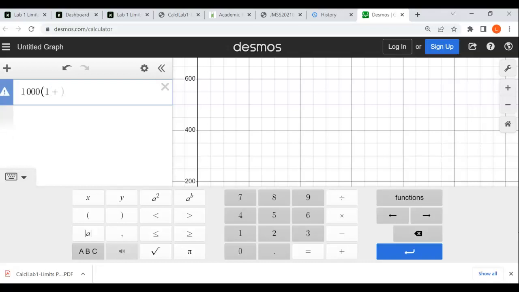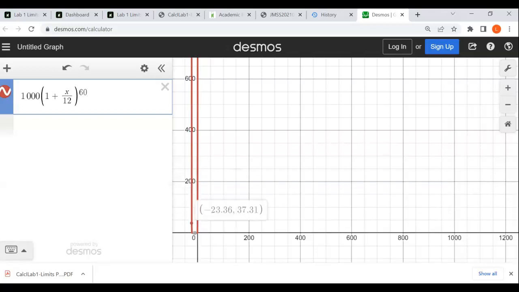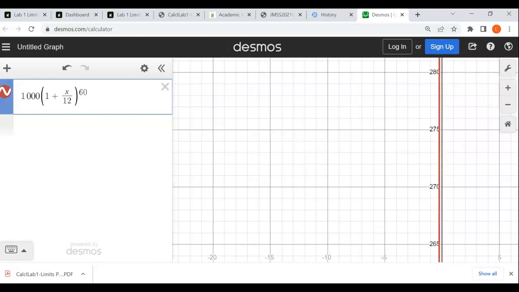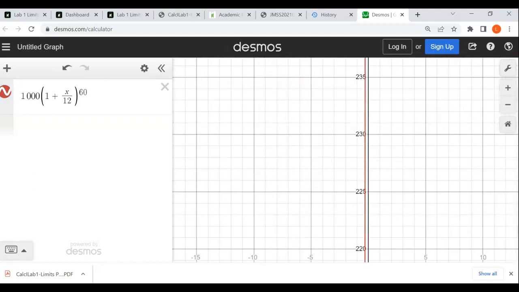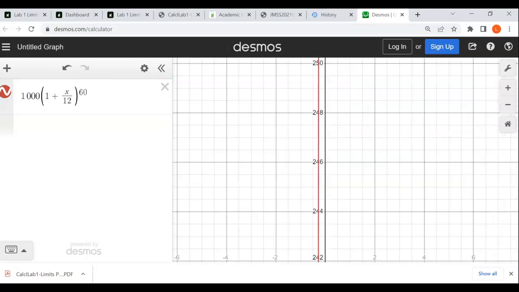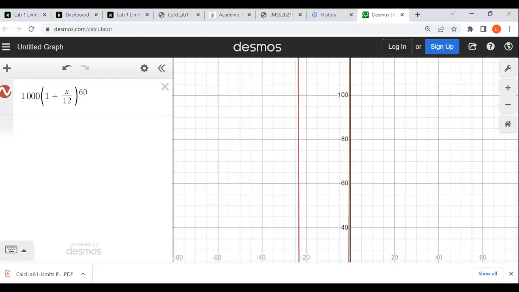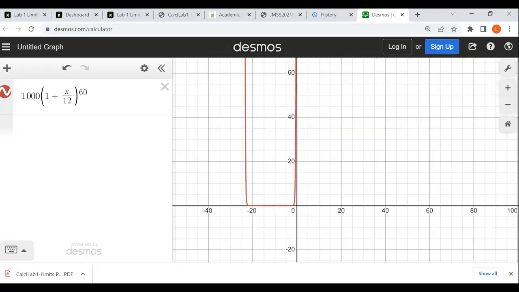R. So I'm going to use X. Divided by 12, to the 60th. Woo. All right. And then you got to play with your graph.